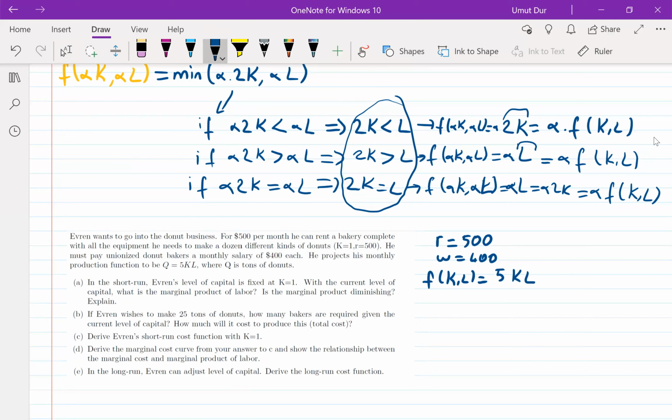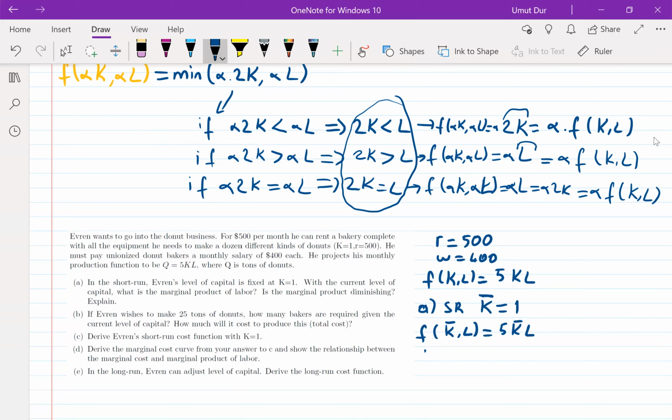In part A, it asks us to work in the short run. In the short run, K is fixed to 1. Then it asks that with the current level of capital, what is the marginal product of labor? What I need to do is rewrite this production function with fixed K. It is 5KL.